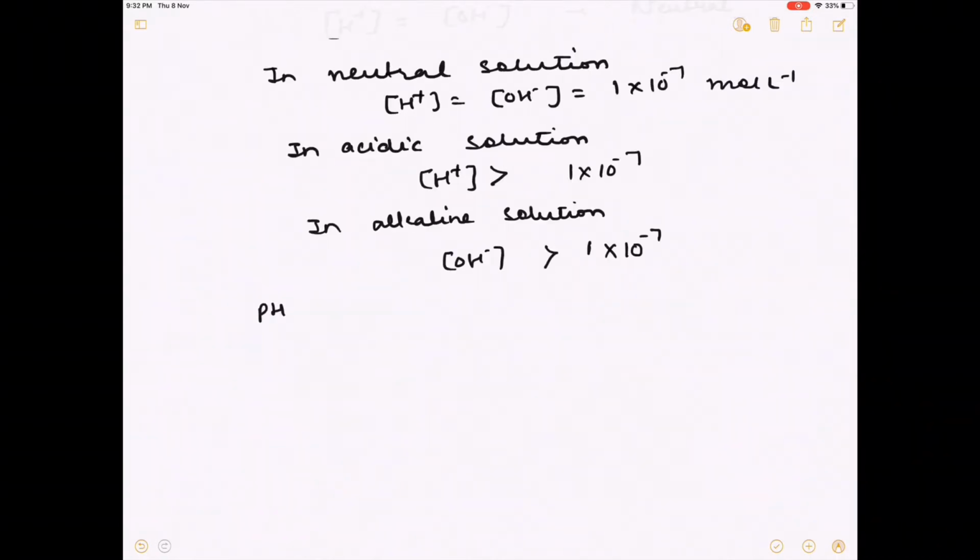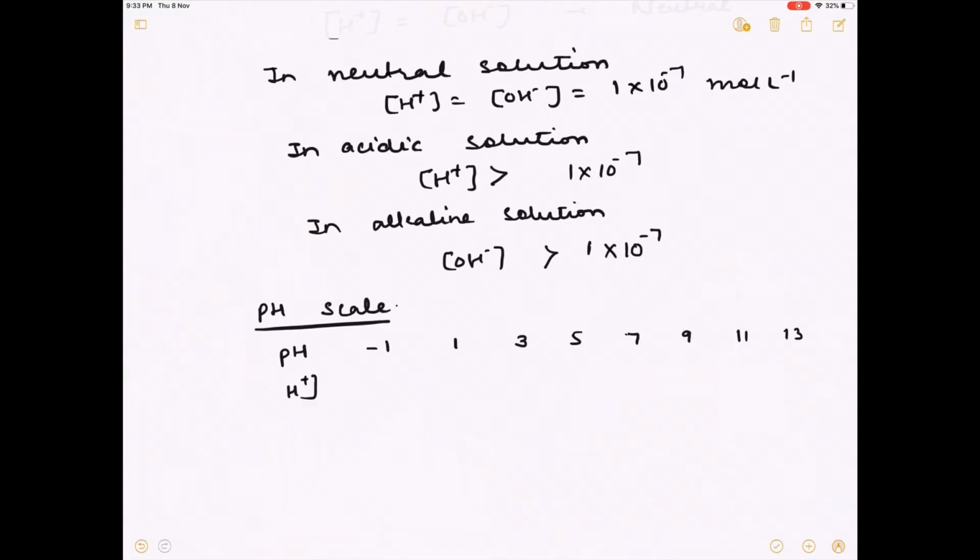Now next is the pH scale. Now pH, we have pH like minus 1, 1, 3, 5, 7, 9, 11, 13.